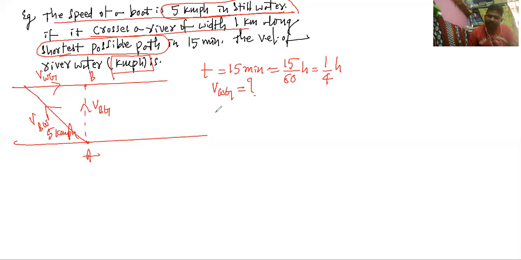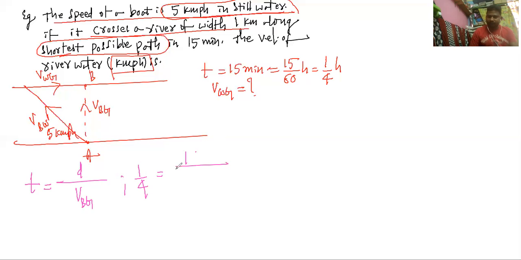We know in this case the time taken will be, all right? So what is the time taken in this case? It is distance by the speed in this direction, right? So speed in the direction of displacement, VBG. So here 1 by 4 is equal to D, which is 1 kilometer, my dear students.